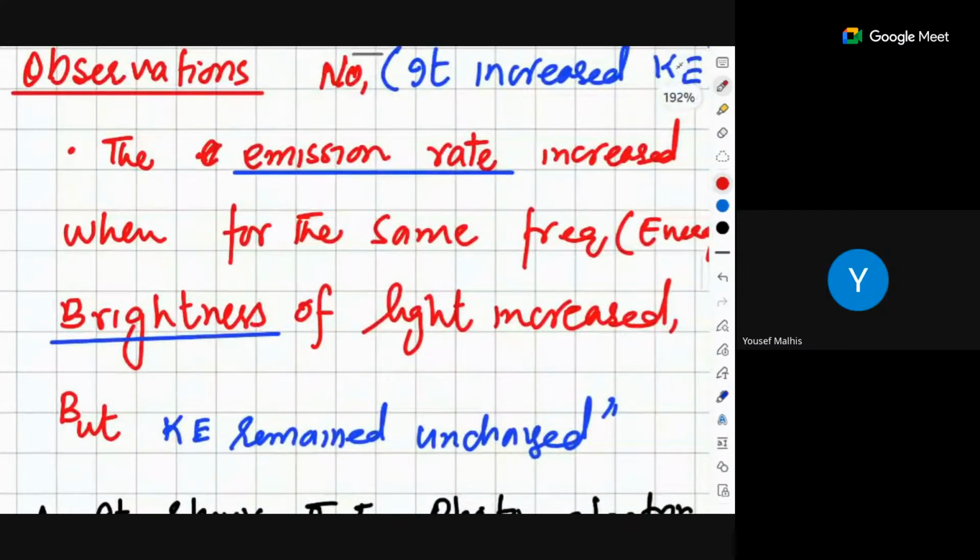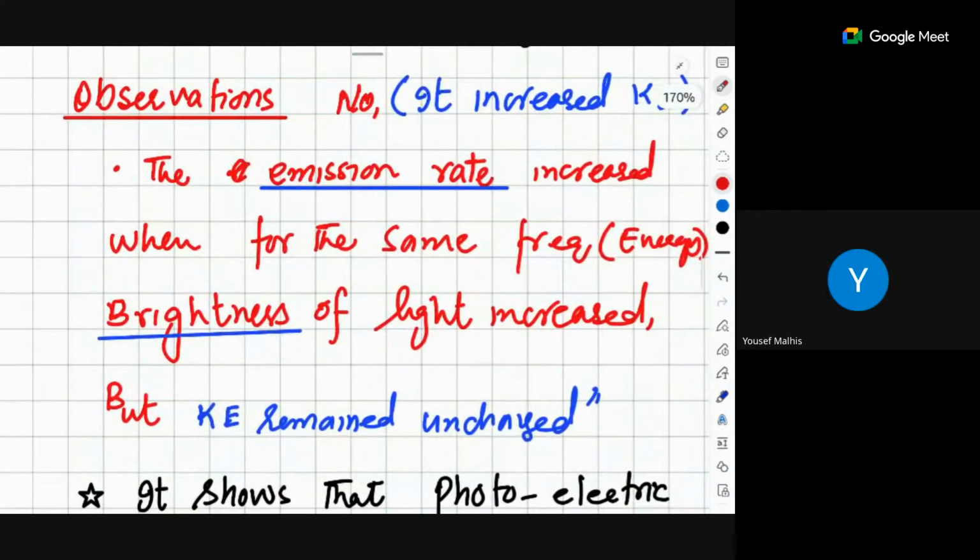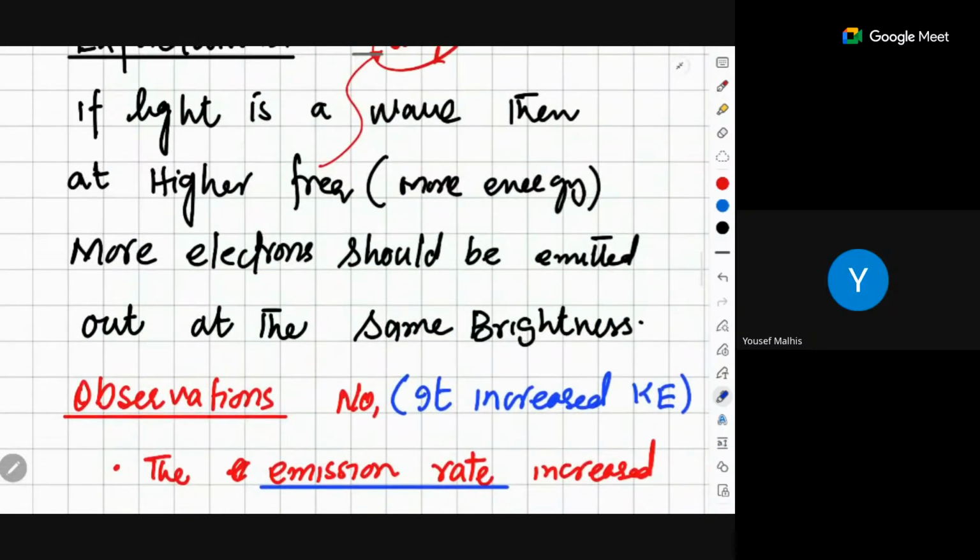What were the observations? The observations were very contradictory. No, it increased kinetic energy. The emission rate increased for the same frequency when the brightness of the light increased. Let me explain to you.